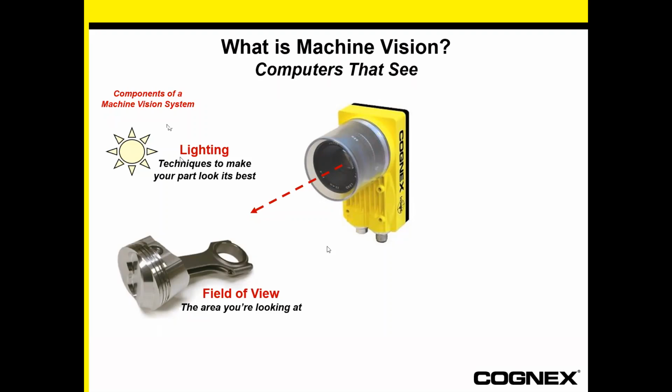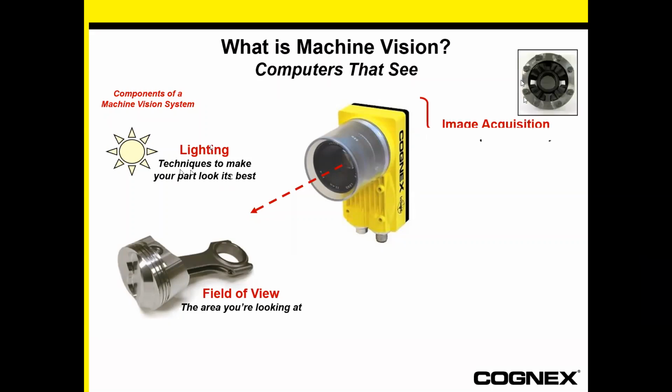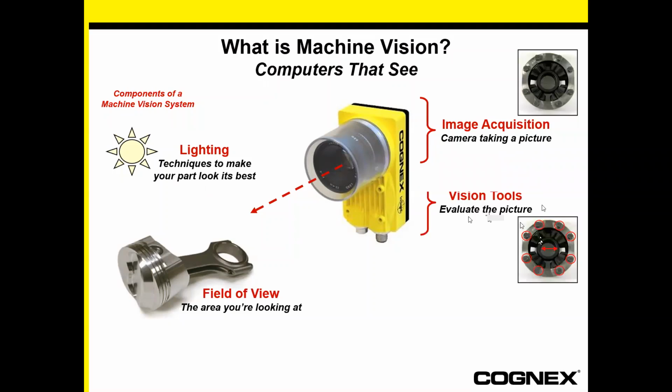The lighting is another component of machine vision. There are different techniques to make our part look the best. Then we have image acquisition, that's the camera taking a picture. Then we have the vision tools. The vision tools evaluate the picture to make a decision, and that's the software that we'll be looking at shortly.